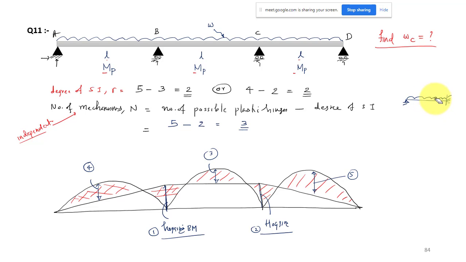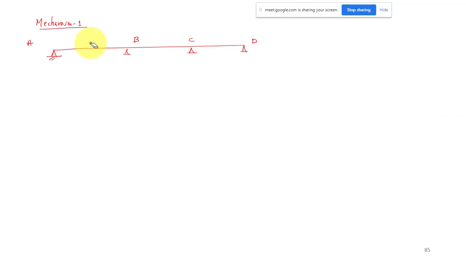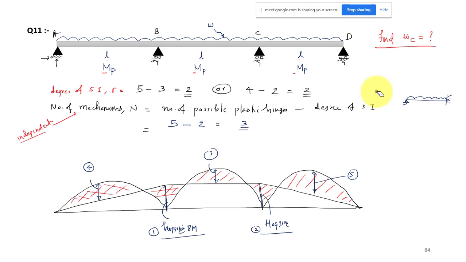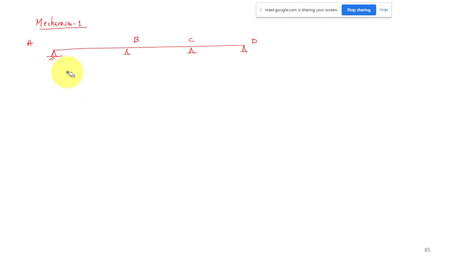If you are taking only the failure of span AB, you need only two plastic hinges, like a propped cantilever. One hinge is possible at this support, and one hinge is possible somewhere here in the span. If two plastic hinges are formed, then there will be a failure in the span AB.